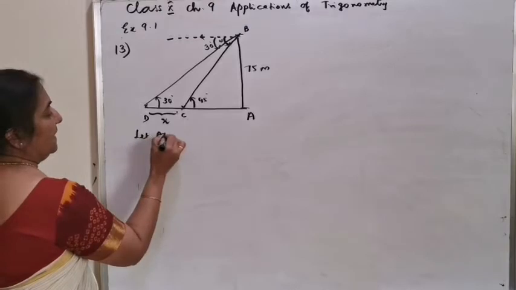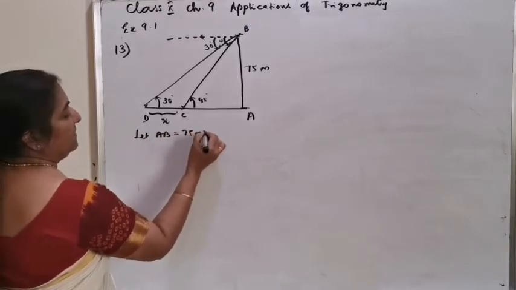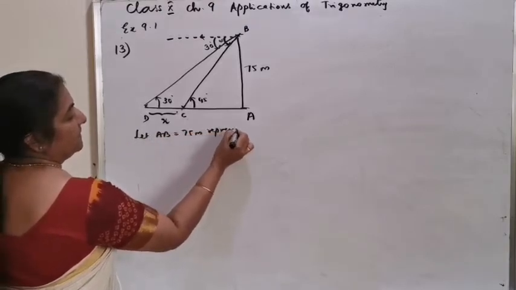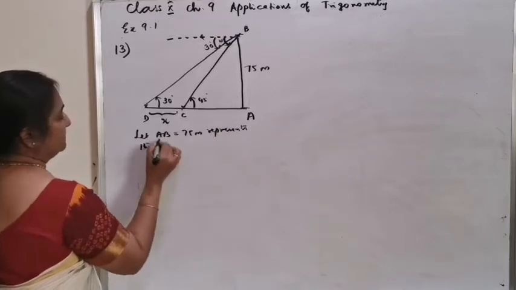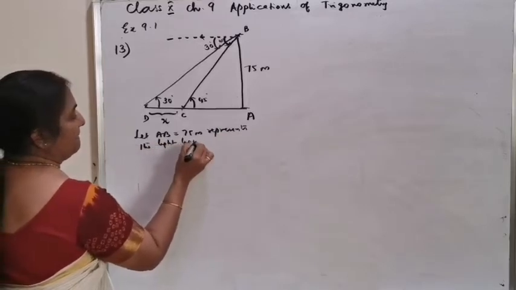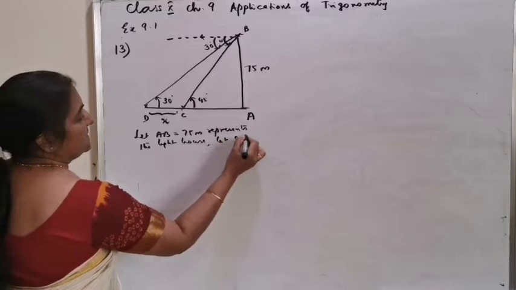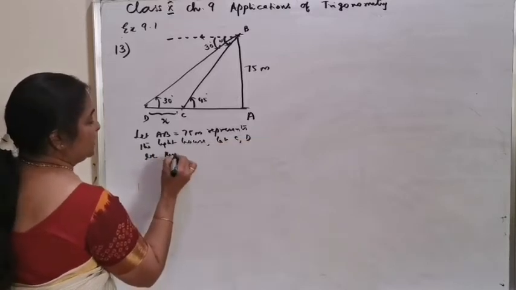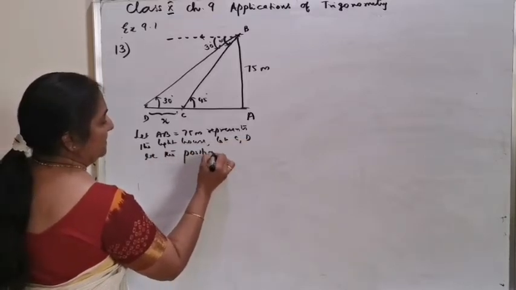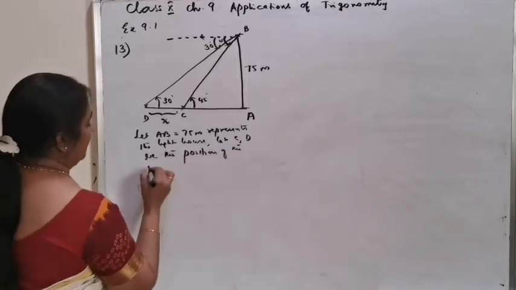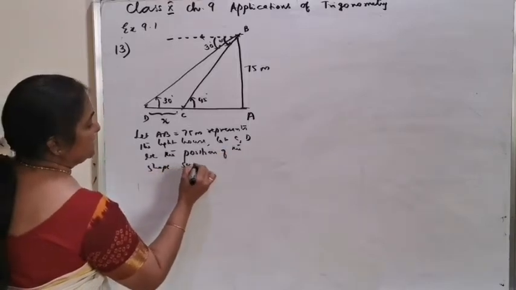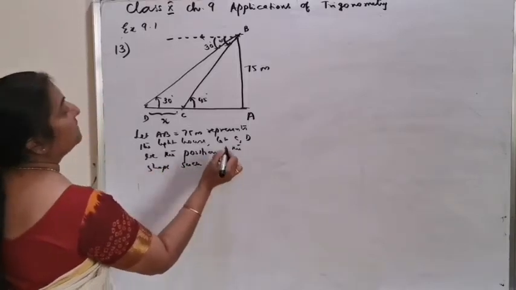And now how do you give the introduction? Let AB is equal to 75 meter represent the lighthouse. Let C and D be the position of the ships such that what is the angle formed?